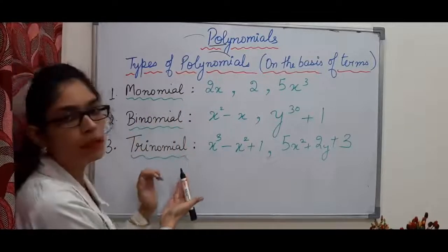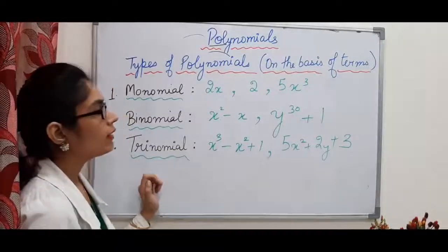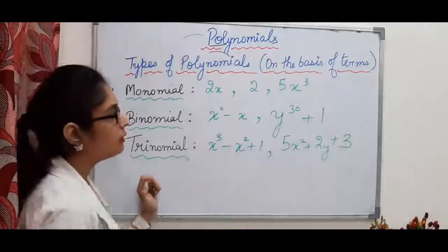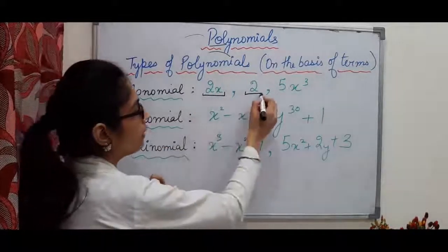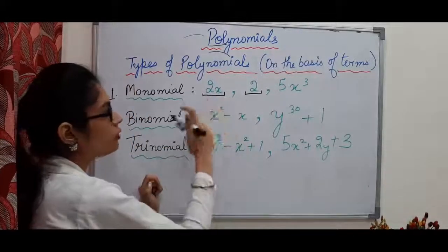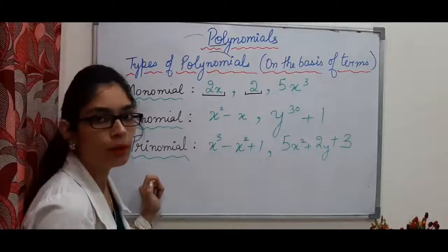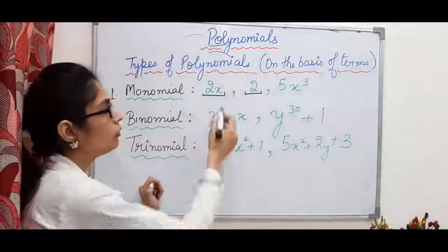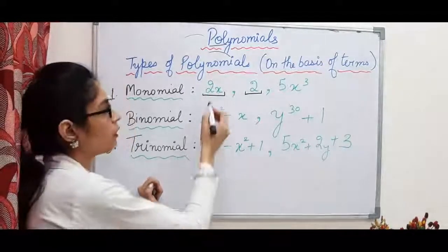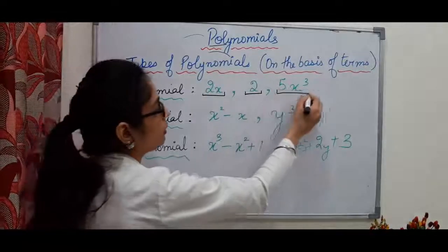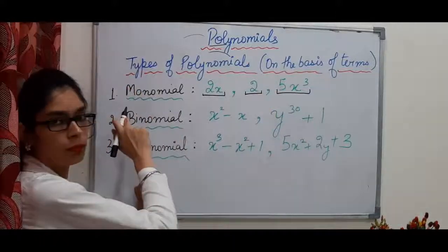We have to see the number of terms and then we can classify which type of polynomial it is. See here, in monomial there is only one term in each. Whenever a single term is there, that can be termed as monomial: 2x, 2 and 5x. Single terms, monomial.